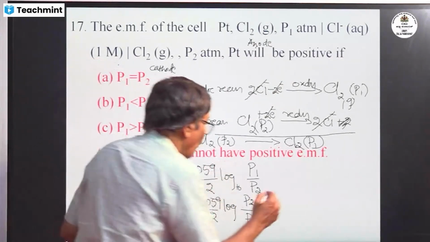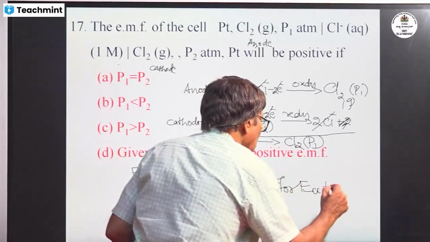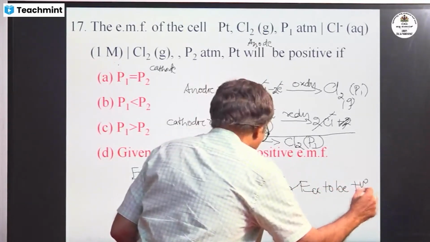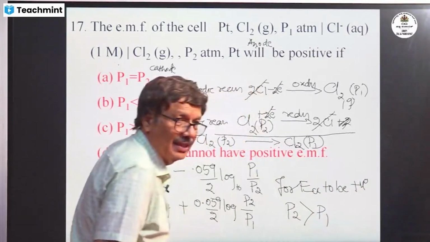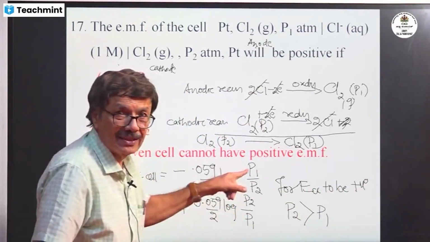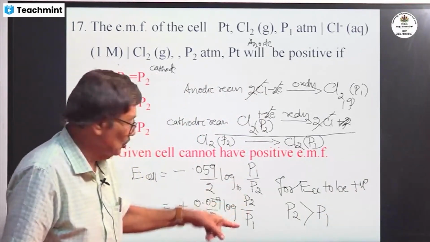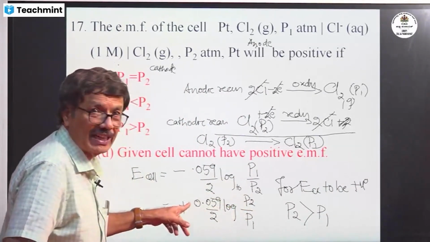So for E cell to be positive, P2 should be greater than P1. If P2 is greater than P1, this number will be greater than 1, so log of it is positive and this positive sign remains.